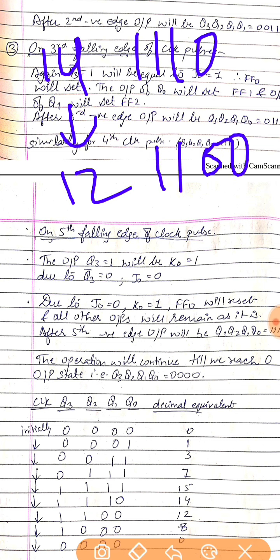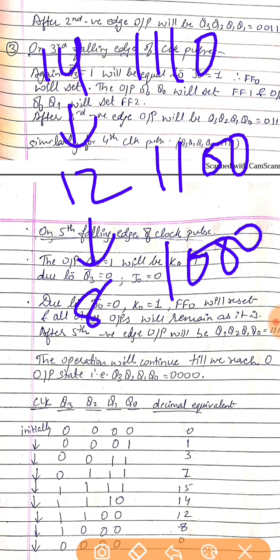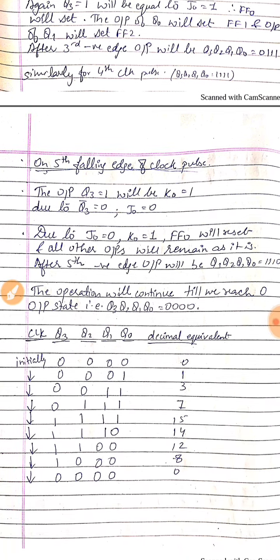Then after that it will become 8, that is 1 0 0 0, and again in the last it will become 0. So this is how a twisted ring counter will work.